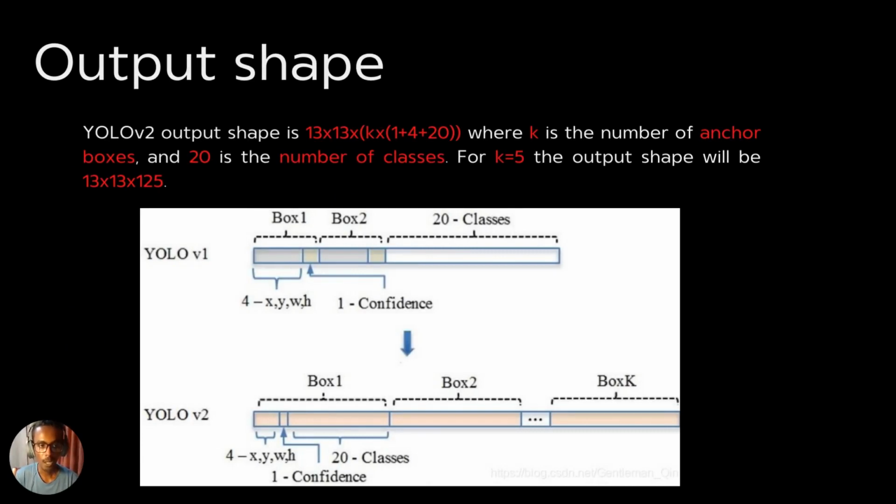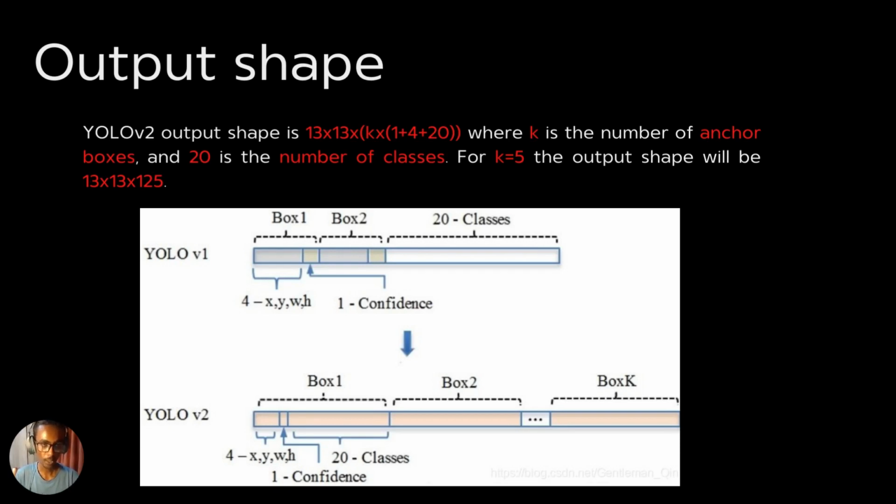Now, we have already covered how to find the coordinates and how we get the predicted bounding boxes from the anchor boxes. Now let's talk about the output shape of the model. YOLO v2 output shape is 13 by 13 by k times (1 plus 4 plus 20). And where did we get these numbers?